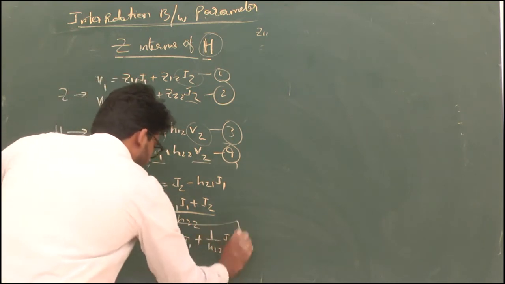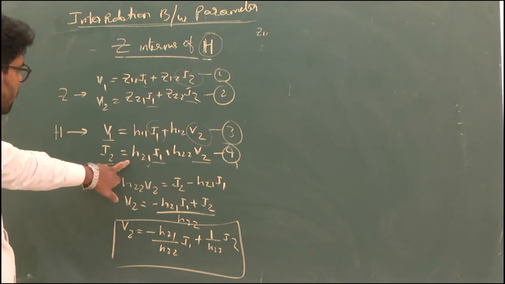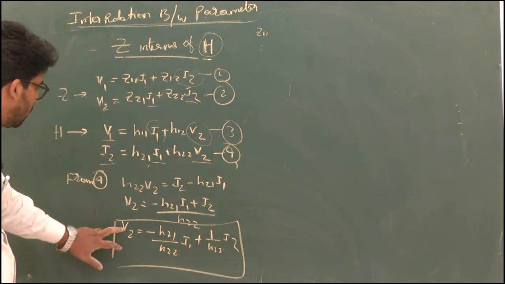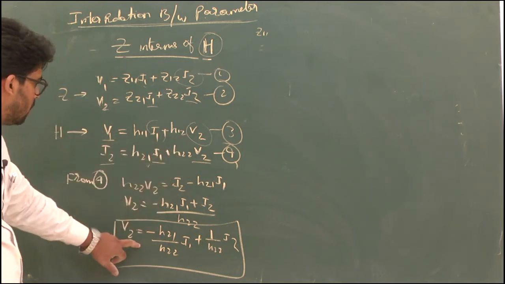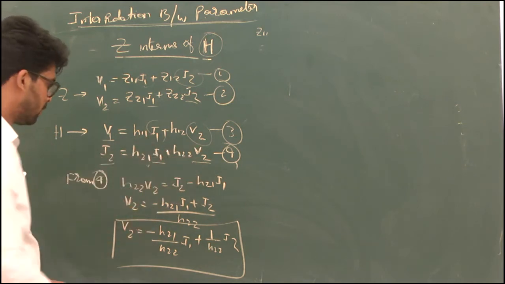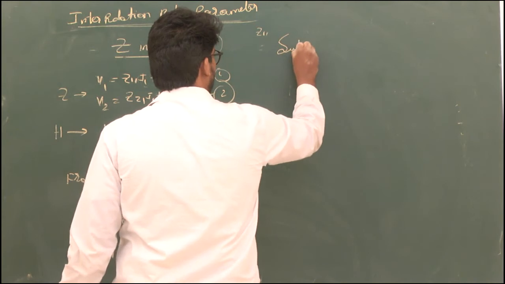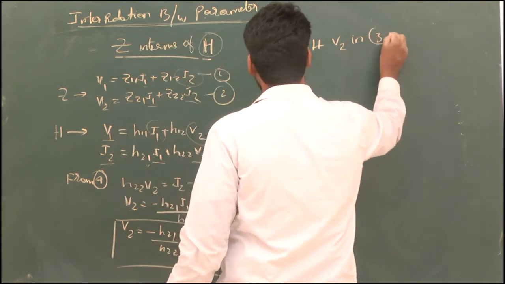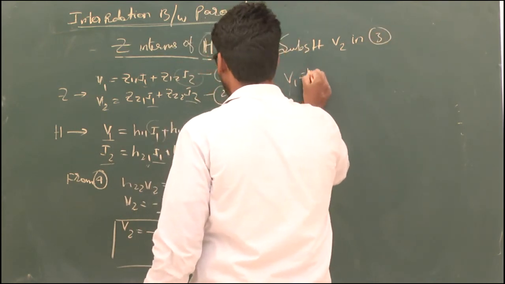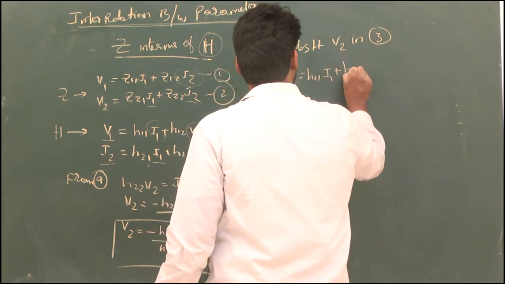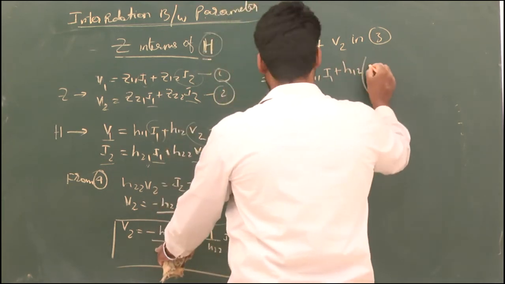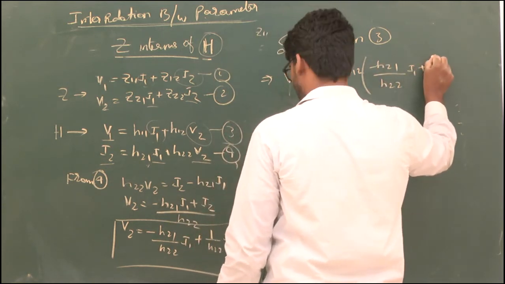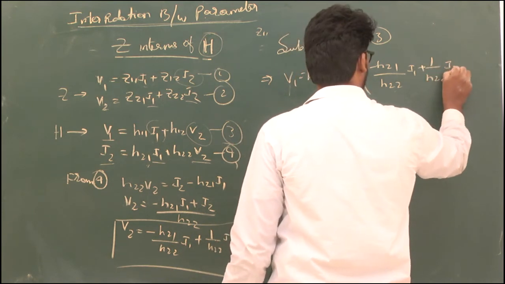Now we again need the V1 form. Substitute this V2 in the third equation and we get V1 in the form of I1 and I2. So V1 equal to H11 I1 plus H12 V2, as minus H21 by H22 I1 plus 1 by H22 I2.